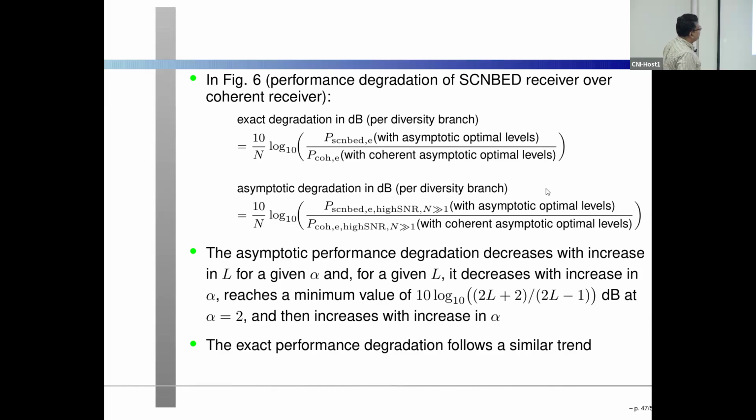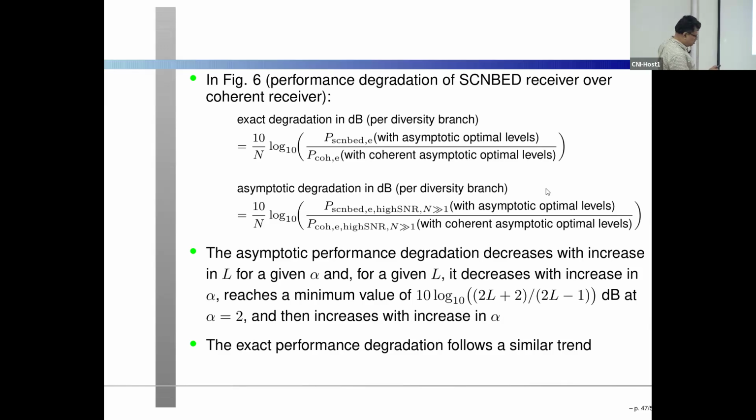L equal to large is obviously not of interest. So for L equal to 2, it will be 6 divided by 3, which is 3 dB. For L equal to 4, it will be 8 plus 10 by 7, so 10 log 10 by 7. You have to calculate how much it is. This is at alpha equal to 2, and then it increases in alpha.